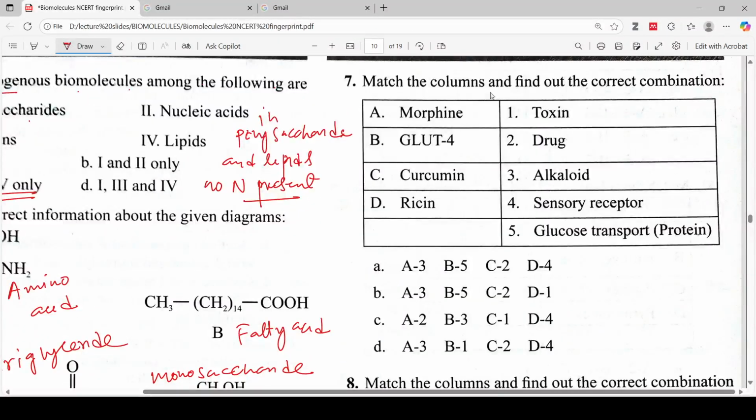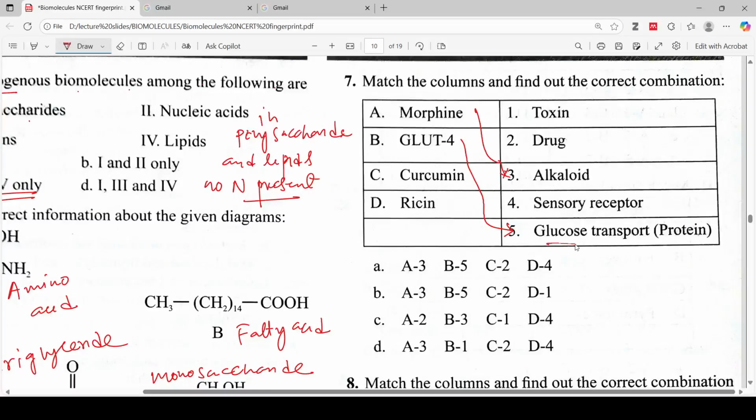Match the columns and find out the correct combinations. Morphine is a drug, morphine is an alkaloid.